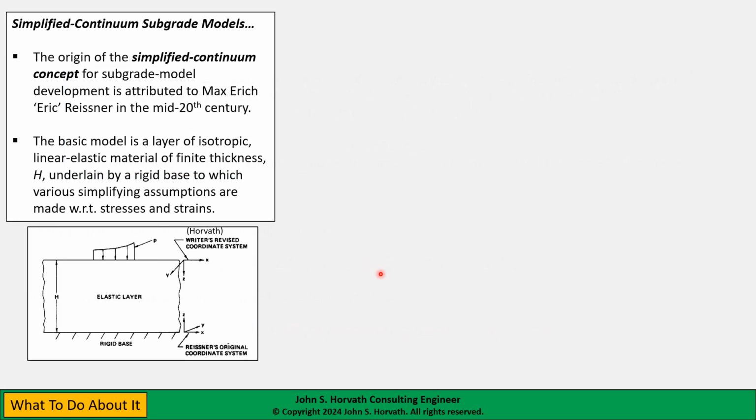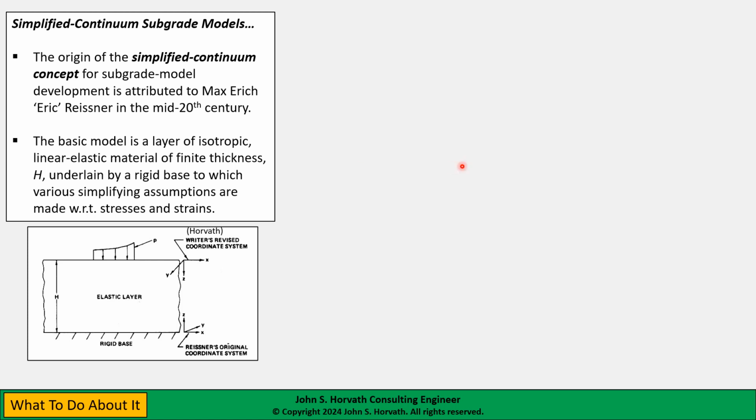And it turns out that in the world of subgrade models, there are two methodologies, two schools of thought for doing this. One school is the simplified continuum concept. And I suspect this school of thought is not known to most civil engineers. It's a concept that I attribute to Eric Reissner in the mid-20th century, in the 1950s.